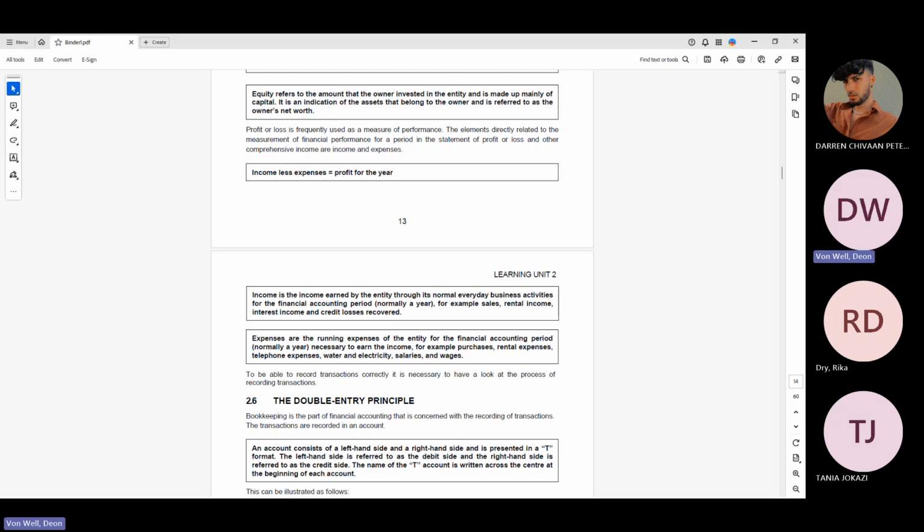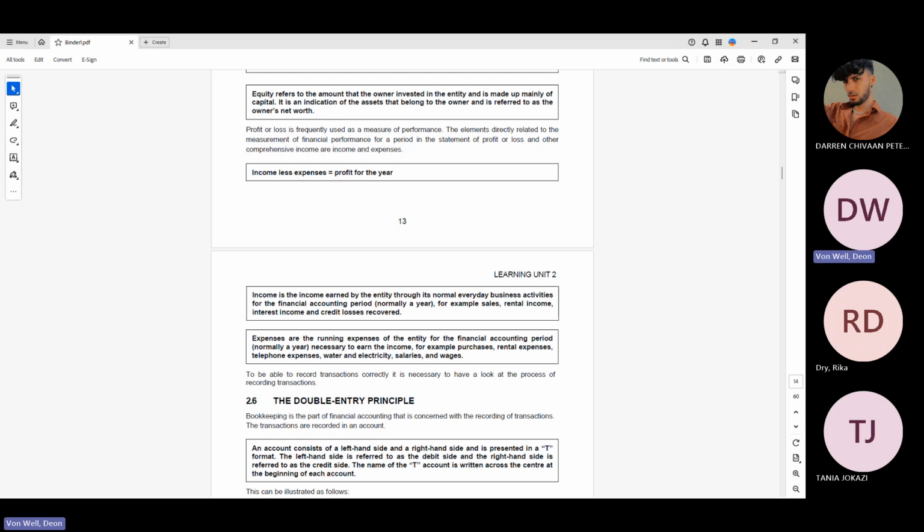So what I'm trying to tell you is try and memorize or think of as many examples of assets, examples of liabilities, examples of income, examples of expenses. Because if you know that water and electricity is an expense, you will know what rule to apply.